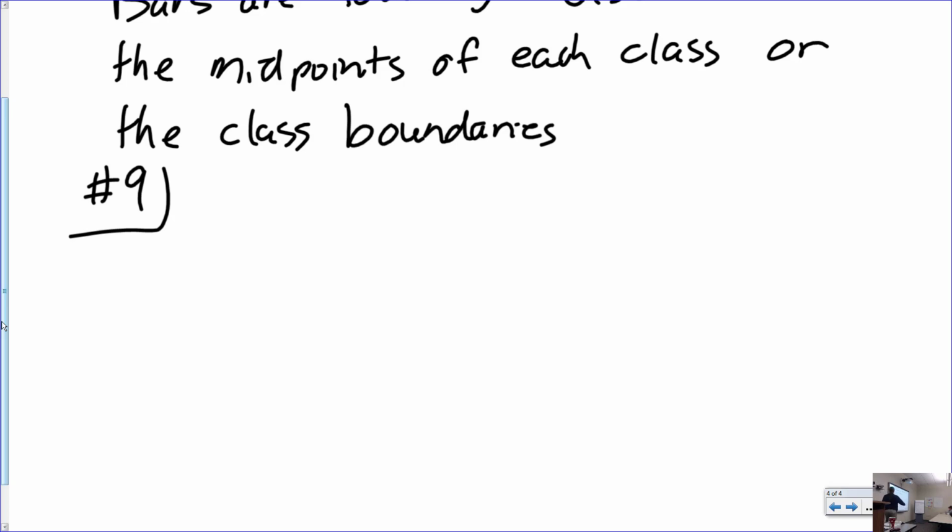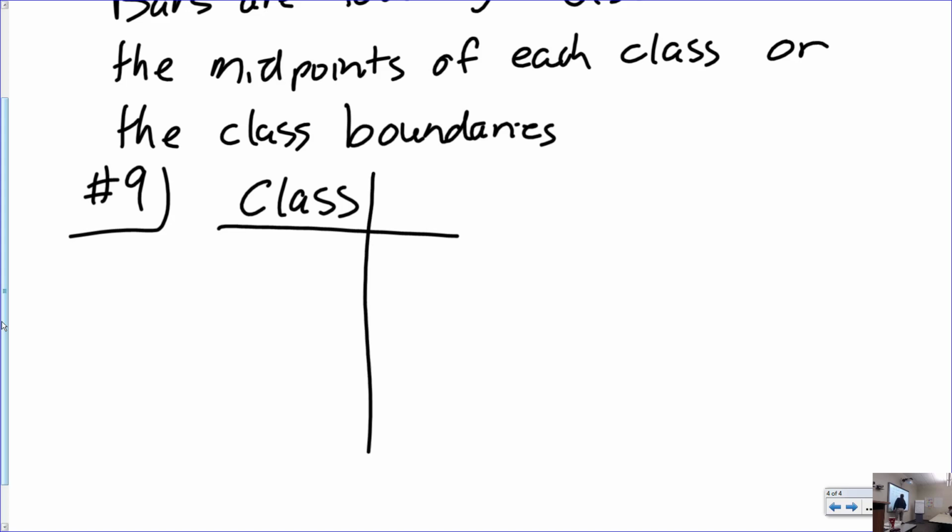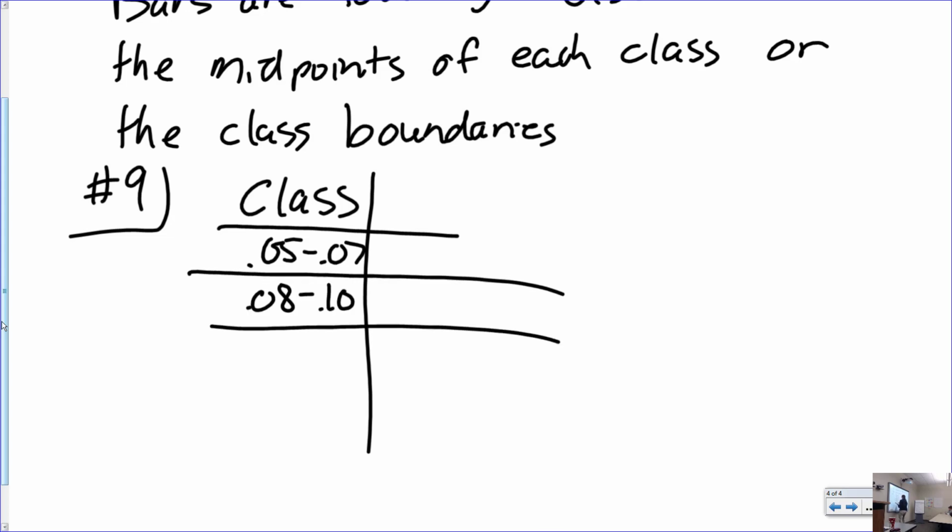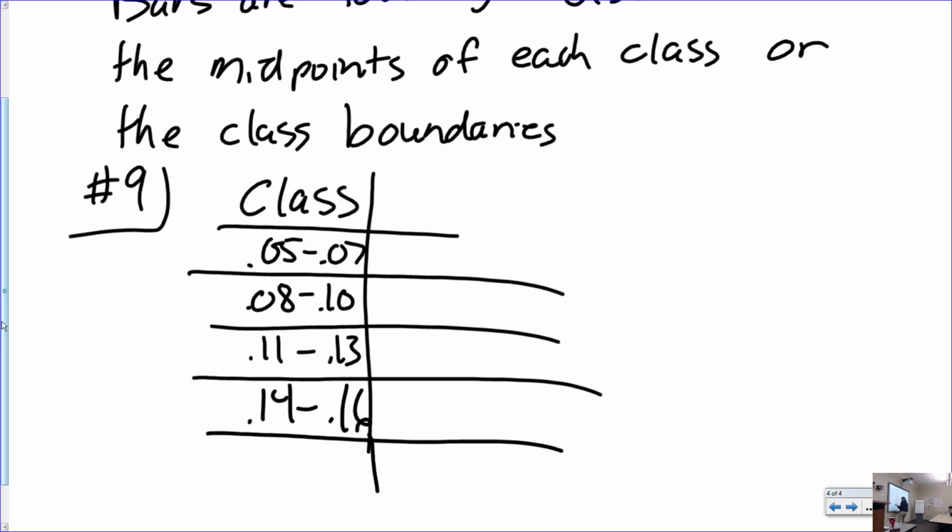Now, do our classes, right? So it's 0.05 to 0.07, 0.08 to 0.10, 0.11 to 0.13, 0.14 to 0.16, and one more, 0.17 to 0.19.